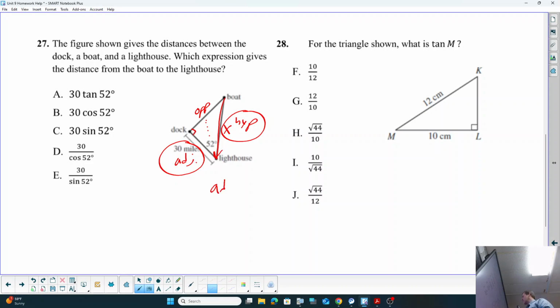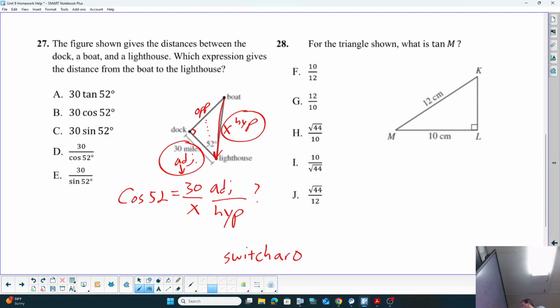So which one, do you remember? Say it out loud. Which one is adjacent over hypotenuse? That's right, it's cosine. So cosine of 52 degrees is equal to adjacent, which is 30, over hypotenuse, which is x. And now we're going to go ahead and switcheroo.